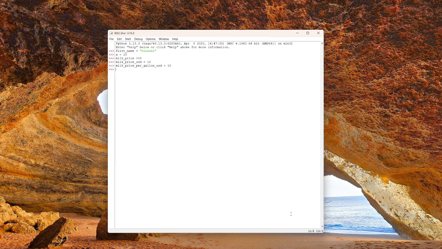Now, because we are talking about milk price, we often use the currency of that particular region. If you are staying in the United States, you use US dollar. If you are staying in India, you use rupees. If you are staying in Germany, you use euros, right?